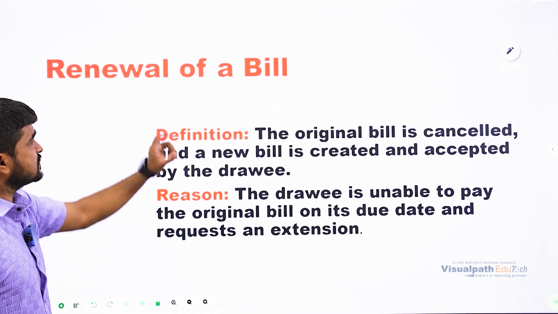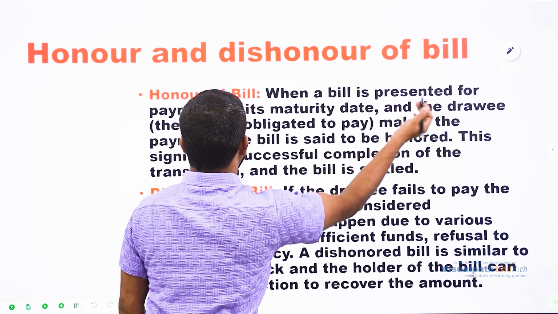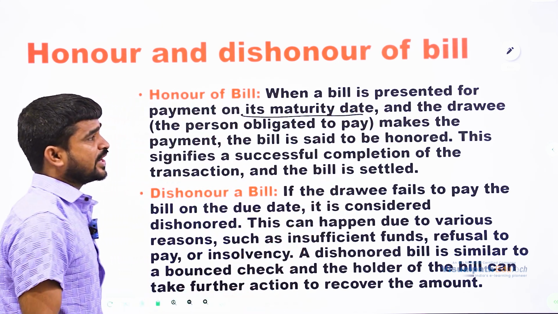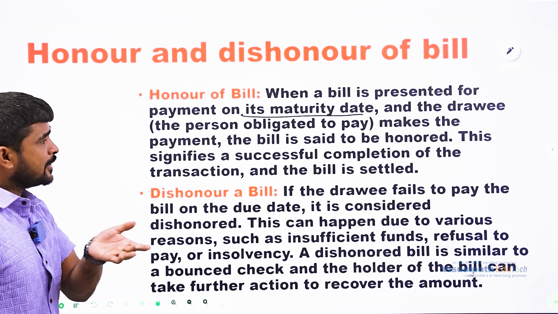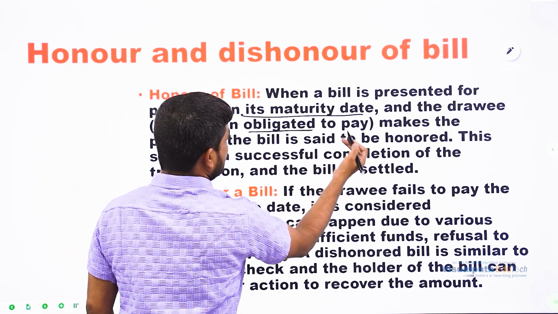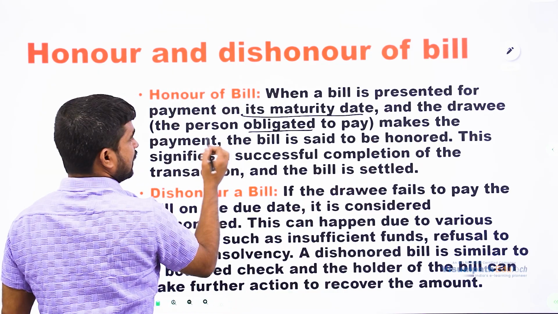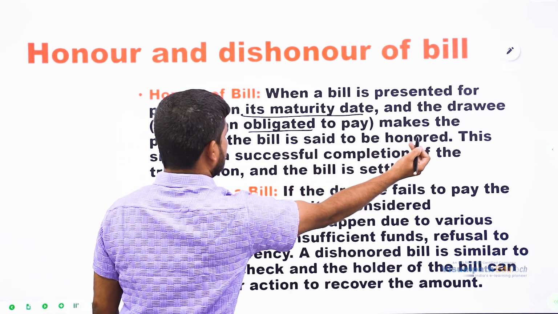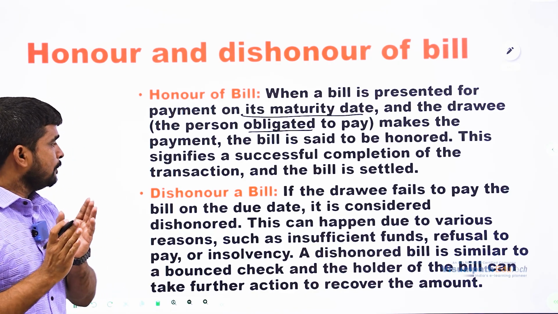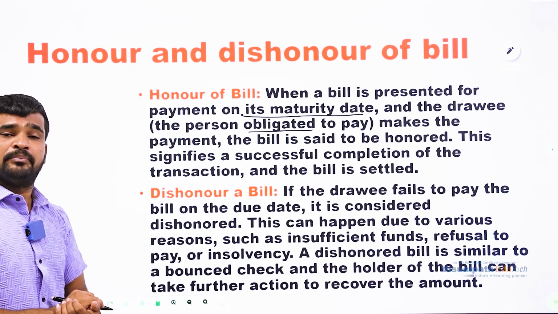Let's see the definitions. Honor of bill: when the bill is presented for payment on its maturity date, according to the maturity date, if it is presented and the drawee, the person obligated to make the payment, pays, the bill is said to be honored. This signifies the successful completion of the transaction, and the bill is settled.